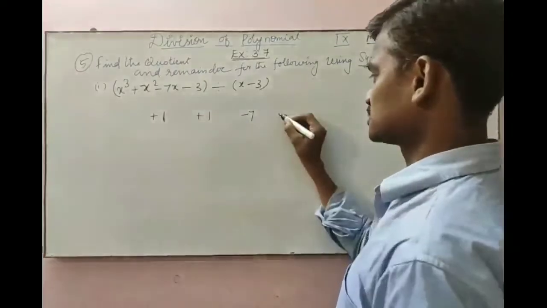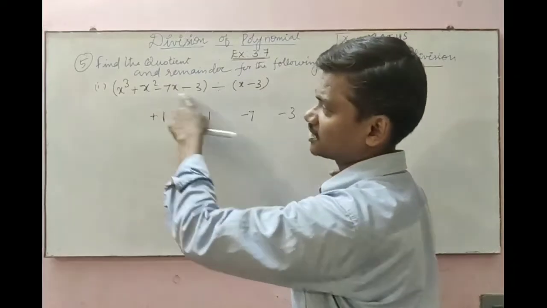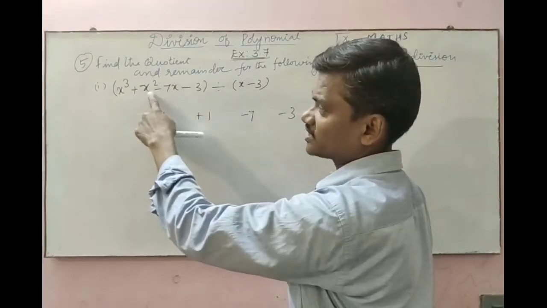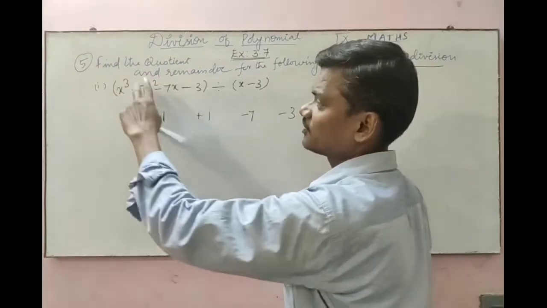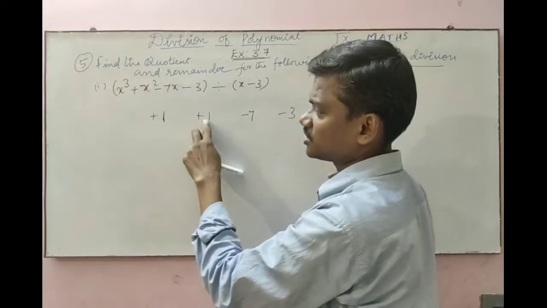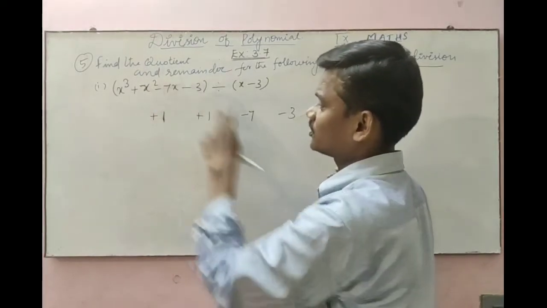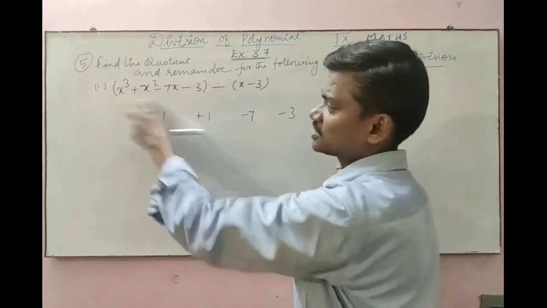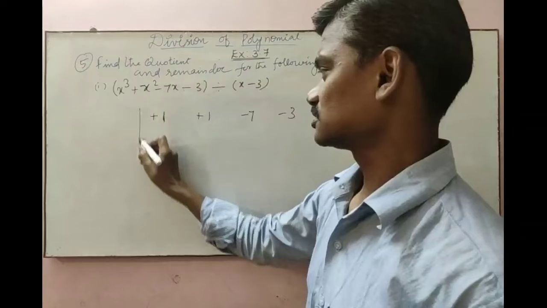Here minus 3. Before writing this, you have to check whether all the terms are here: cubic term, x square term, x term, constant term. All the terms are here. If any term is missing, for example if x square is missing, you have to put 0 here. Or if the x term is missing, you have to put 0 here. In this question we have all the terms, so write the coefficients as they are.